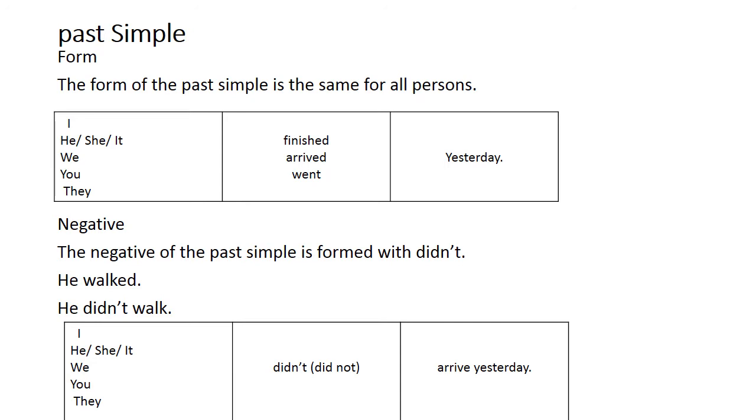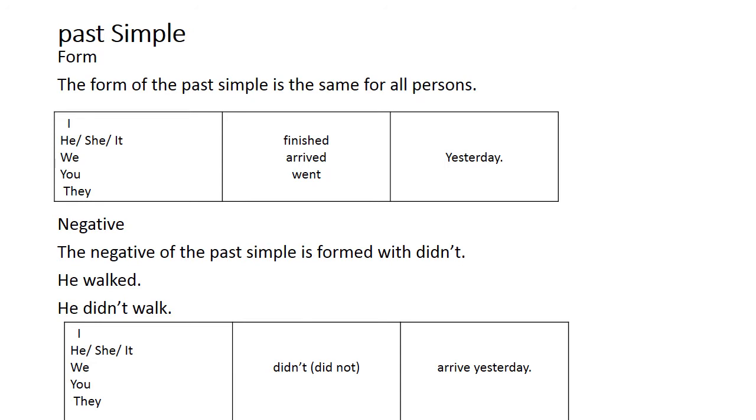For example, he finished yesterday. We arrived yesterday. They went yesterday. This is the past simple in the positive form.